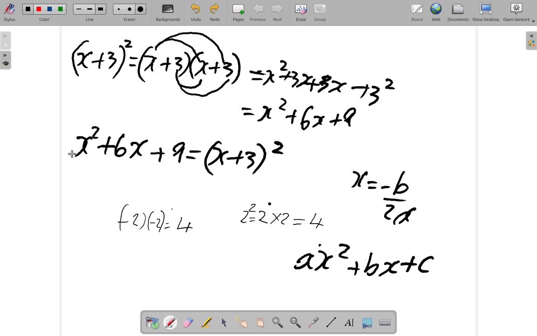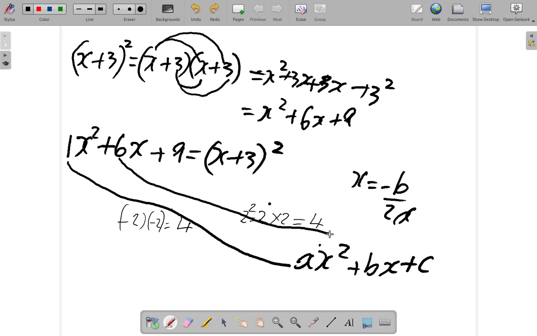Remember, when you have x squared, it's really 1x squared, so a is in the place of 1 in this function. b multiplies x and 6 multiplies x, so in this case b would be 6, plus c, and this says plus 9, so c would be 9.